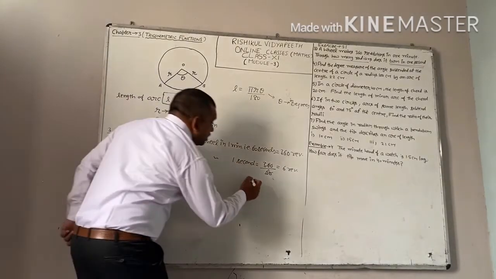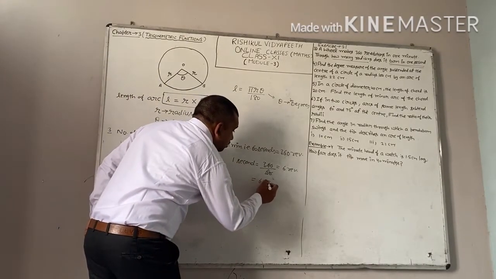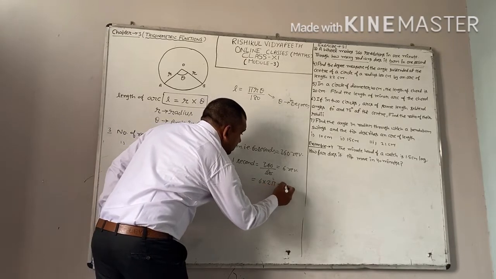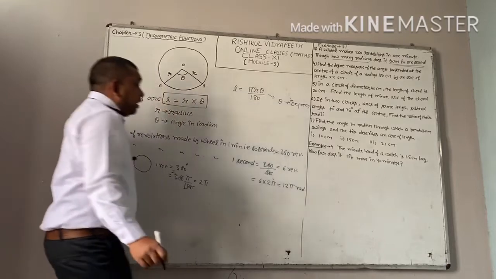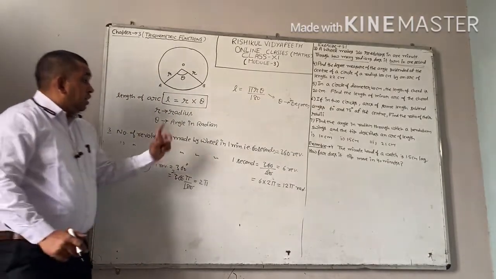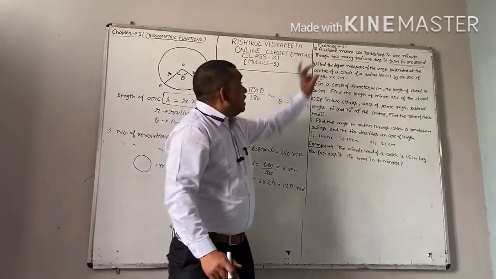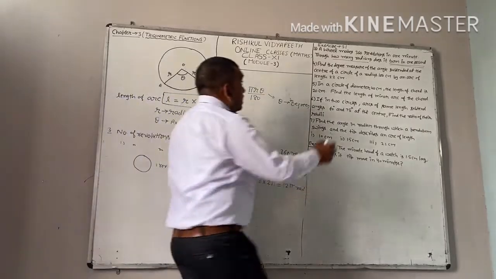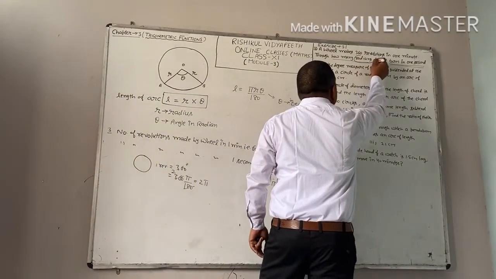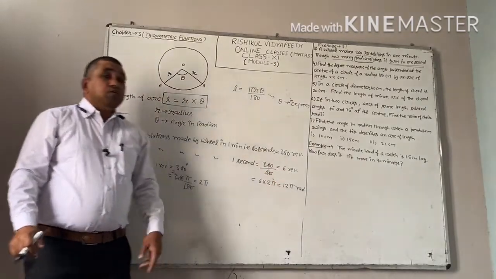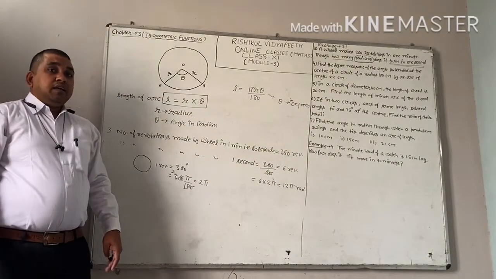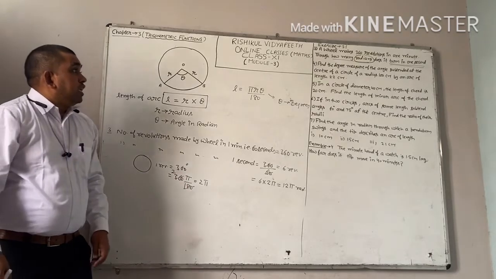Therefore 6 revolutions equal 6 into 2 pi. Your answer is 12 pi radians. And you will write the answer in the form in which he is asking. He is asking the answer in the form of radians. That's why I have converted this revolution into radians. Right? Now move to the next question.